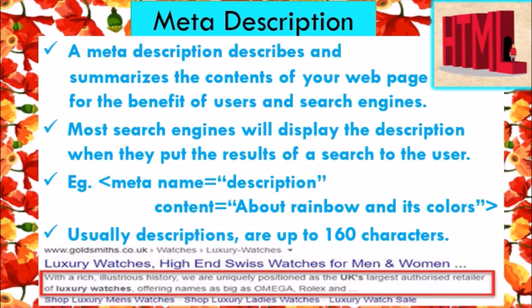For example, meta name equals to description in double quotes, content equals to within double quotes about rainbow and its colors. Usually descriptions are up to 160 characters. This is a meta description.